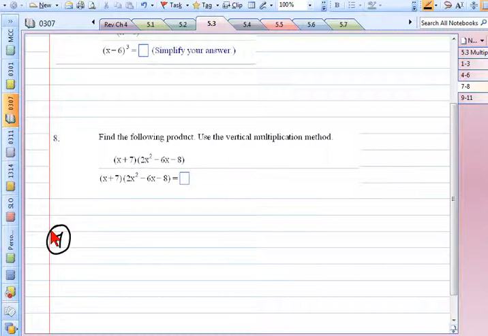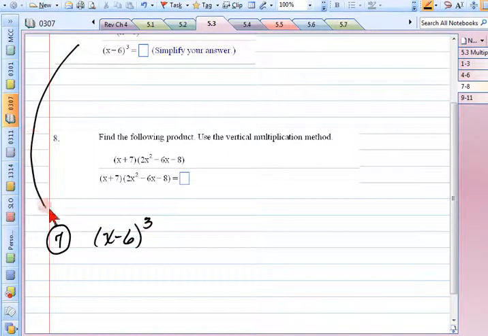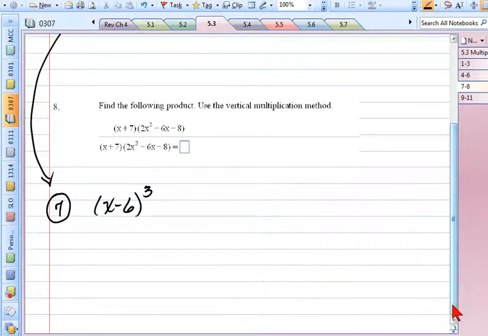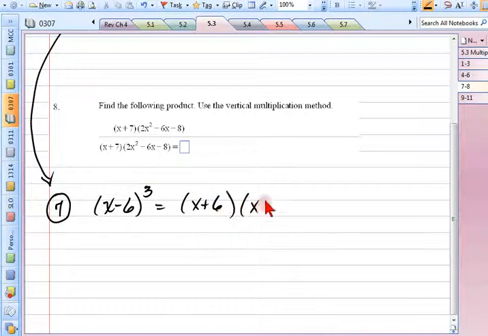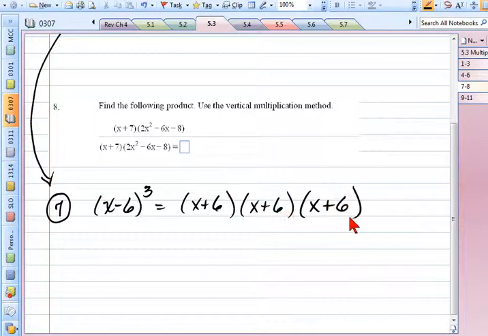Number 7 asks me to take x minus 6 and cube it. Well, what does it mean to cube something? I'm going to have x minus 6 times x minus 6 times x minus 6.